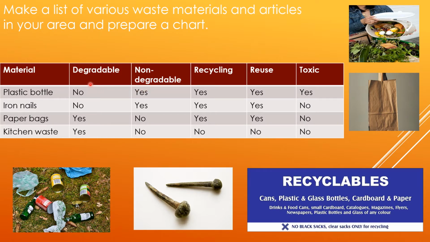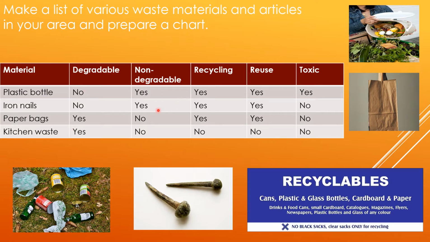So degradable atoms, you have learnt it, but I revise here. Degradable atoms means all the wet waste. It is known as degradable. And degradable atoms do not remain in the environment for a very long time. Now what is non-degradable?